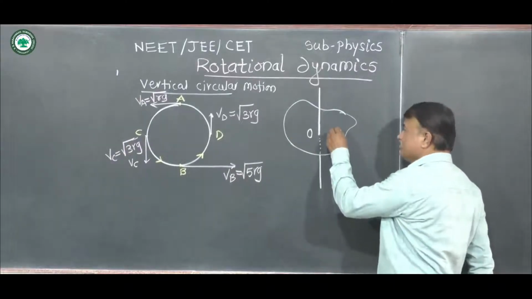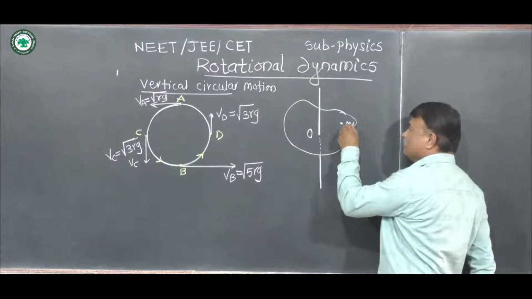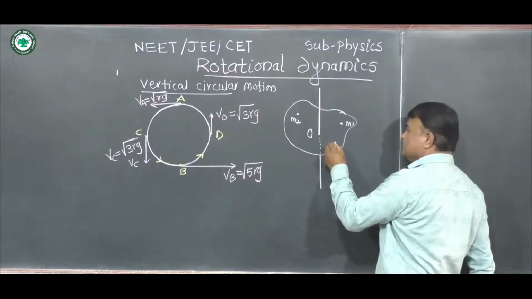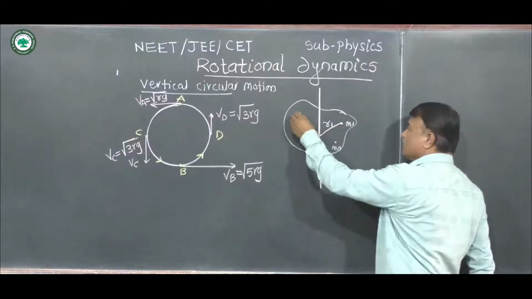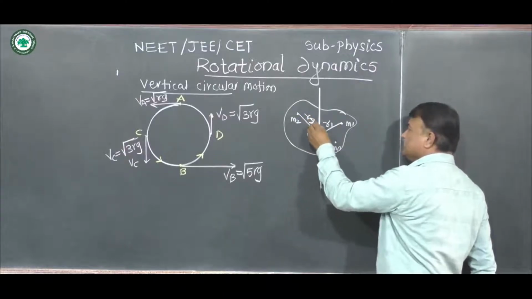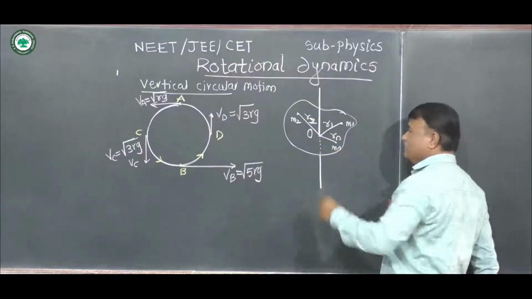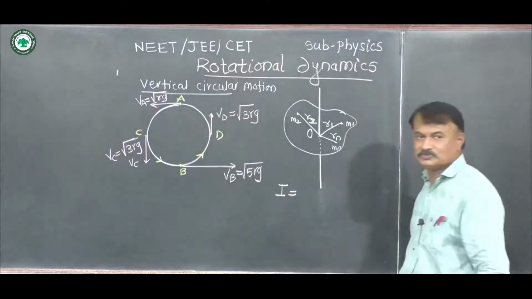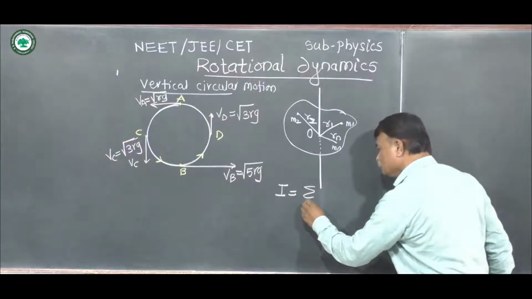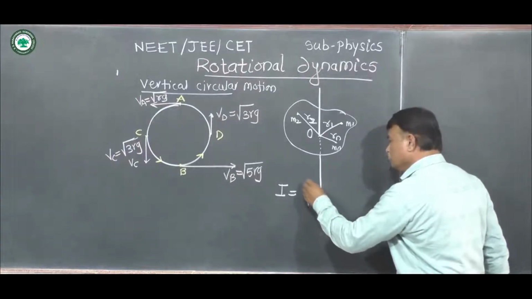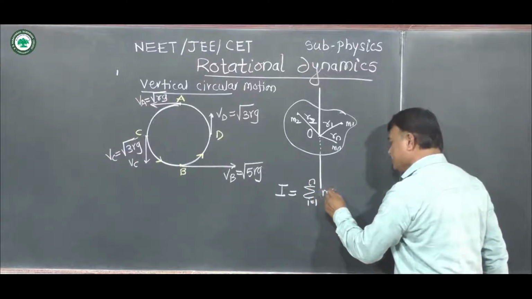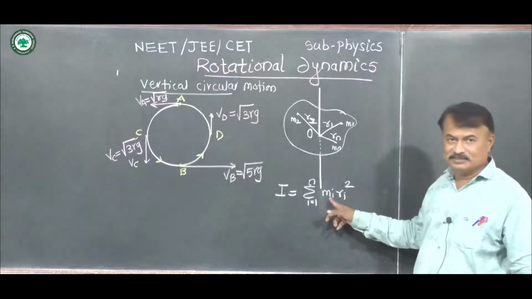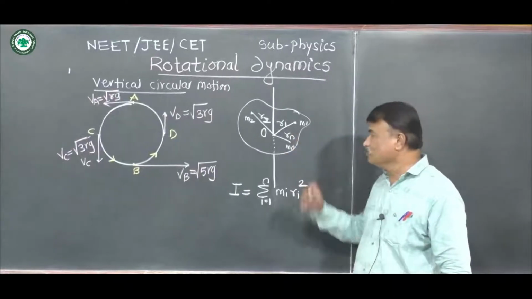If we consider this body consists of n particles of masses say m1, m2, m3, ... mn, which are situated at distances say r1, r2, r3, ... rn respectively from the axis of rotation, then its moment of inertia I is equal to summation i from 1 to n of mi ri square, where mi is the mass of each particle and ri is its distance from the axis of rotation.